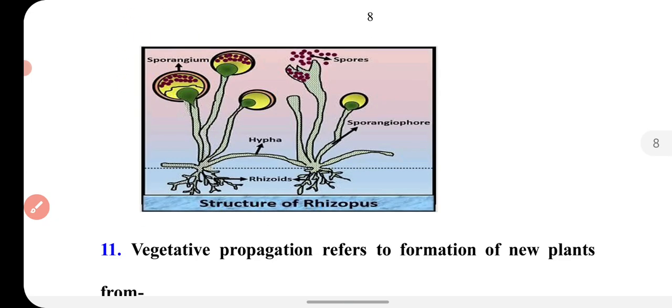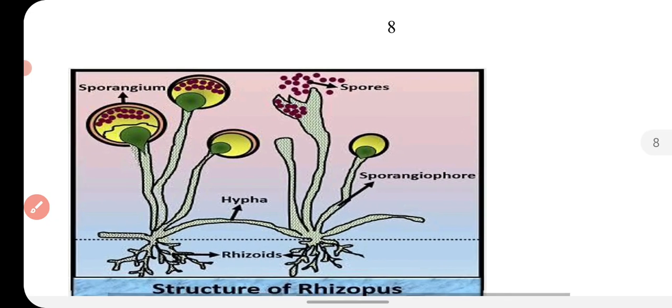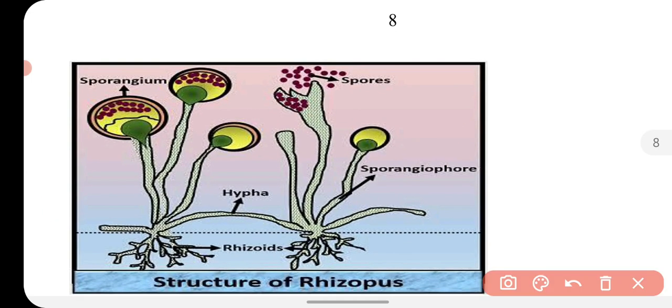Like you can see here, this is the structure of Rhizopus. These are the root-like structures called rhizoids, used to absorb nutrition. Above the rhizoids there are hollow tubular structures which make a network. This is called hypha.